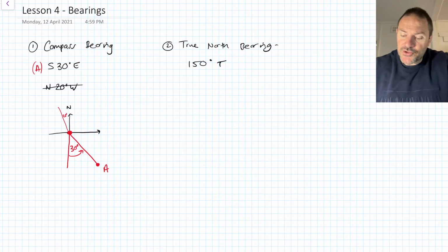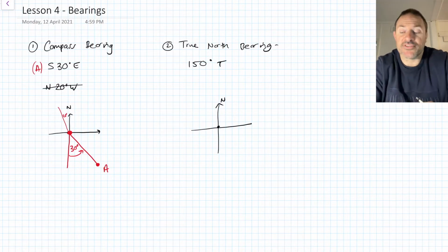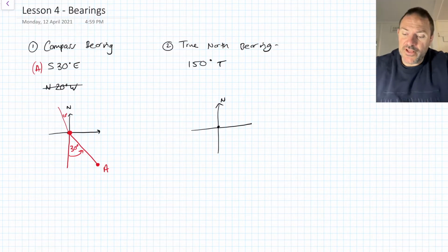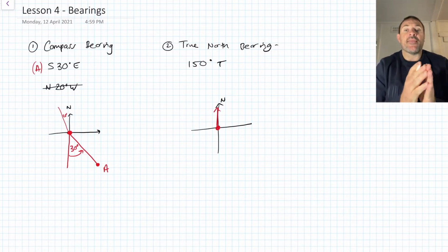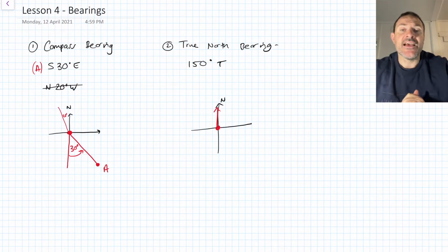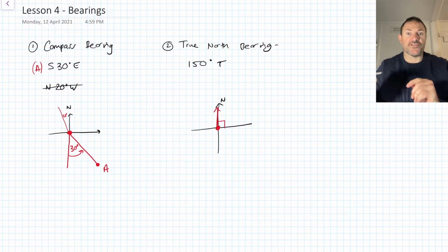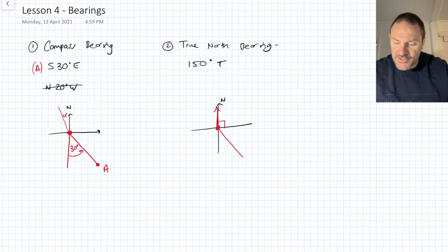Now, if we talk about a true north bearing, we start with the same setup, my little north, south, east, west crosshair. We call it true north because we always start from north, which means we stand at that vertex and look to the north direction. Then it tells us how far around we have to go in total. This one says a total of 150 degrees, which means we turn the first quadrant, which is 90, and then a further 60 degrees inside here.